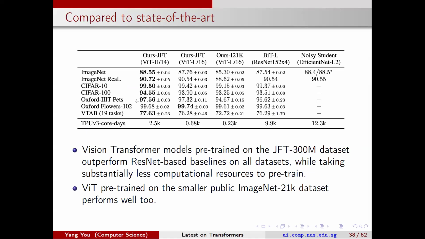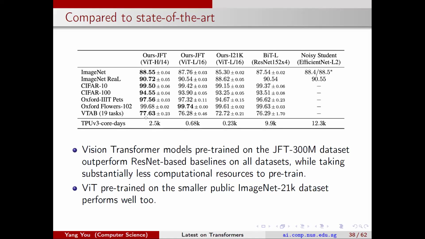Also, that's the overall comparison with ViT. That's ViT, that's ViT, that's ViT, that's ResNet. You see the accuracy, higher is better. ViT can get the best accuracy. Also, that's computational cost. So that's TPU core days.